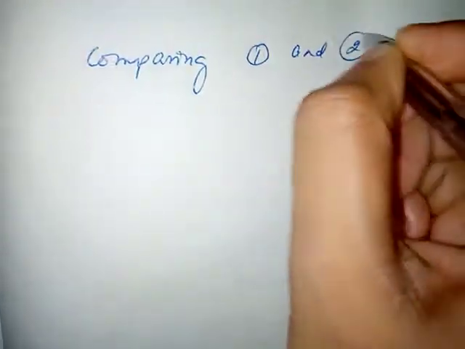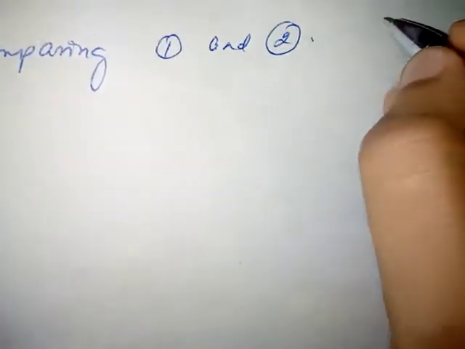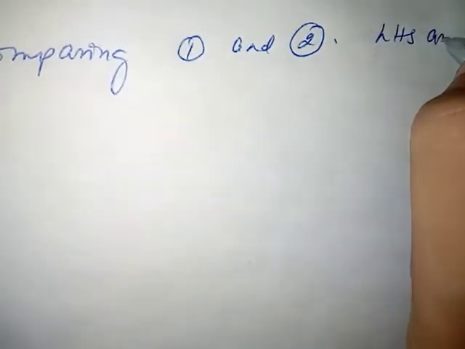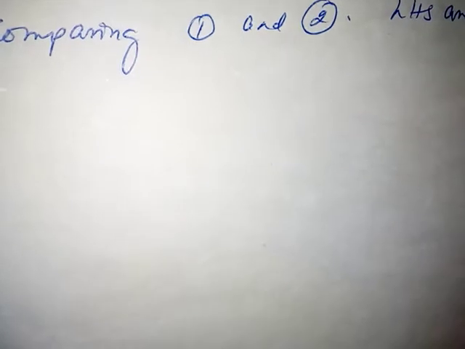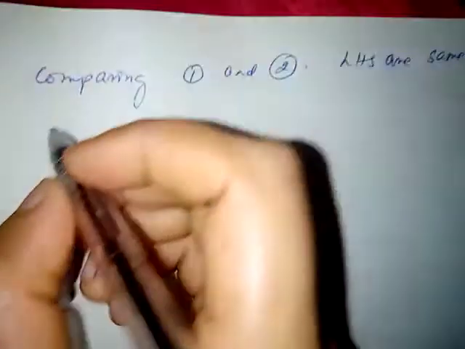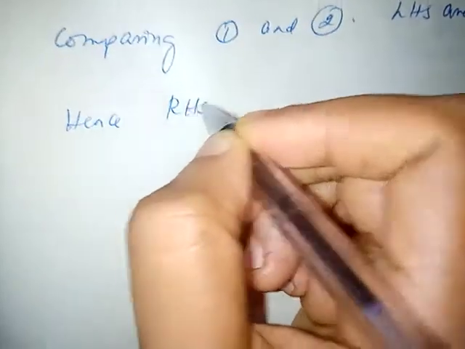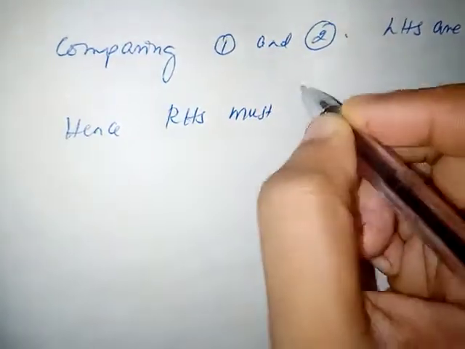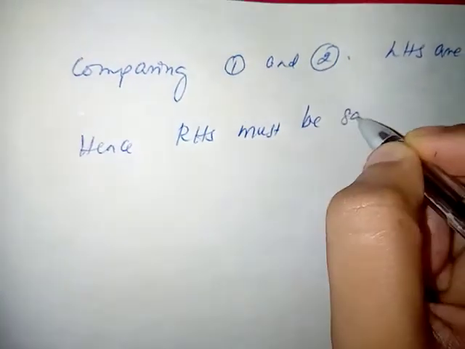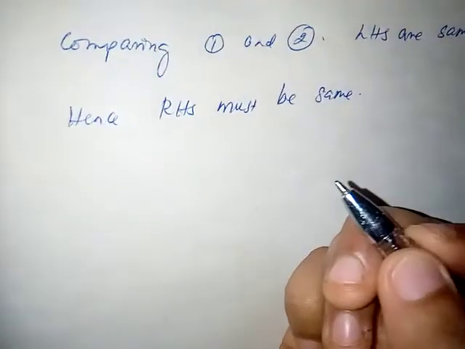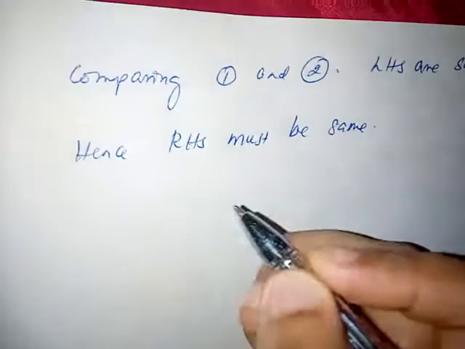Then comparing 1 and 2, the LHS are the same. Hence the RHS must be the same, right? For the first equation, what is the RHS?